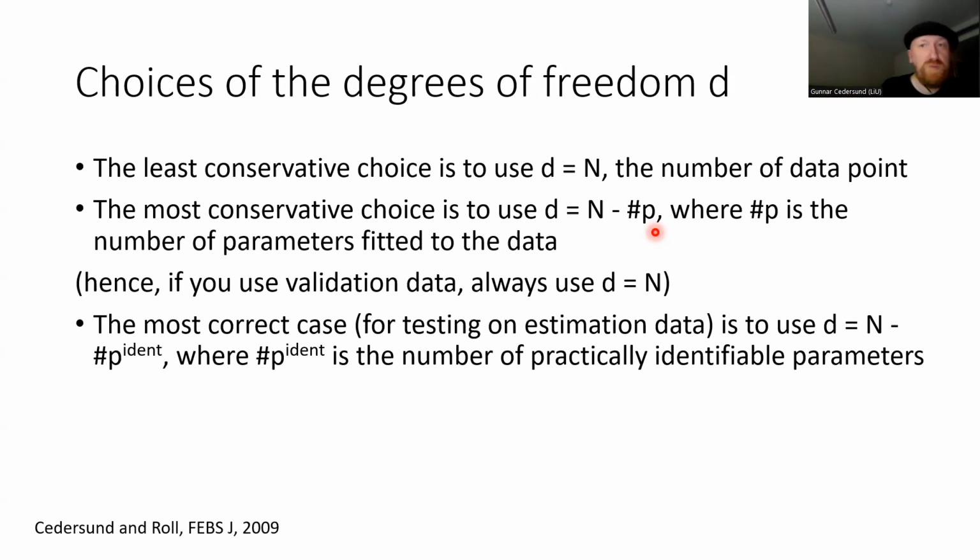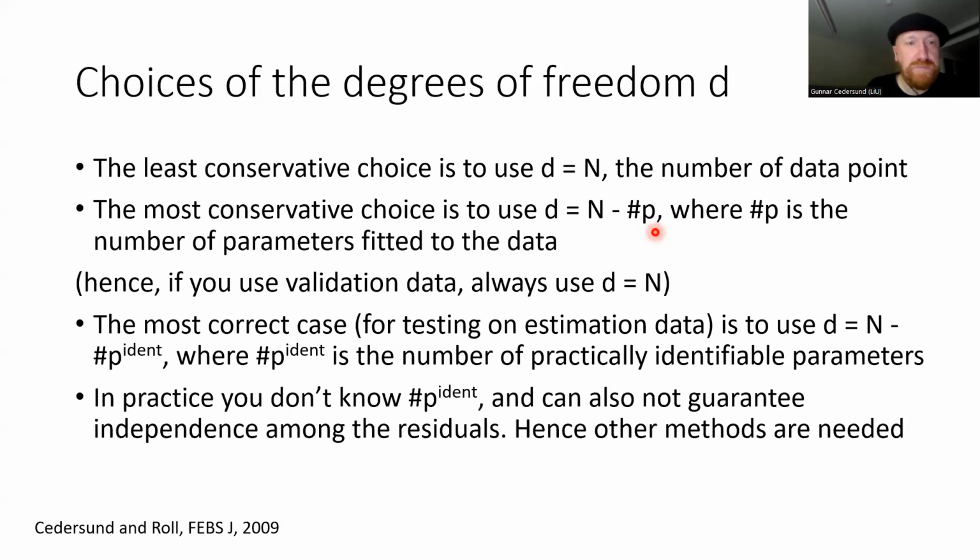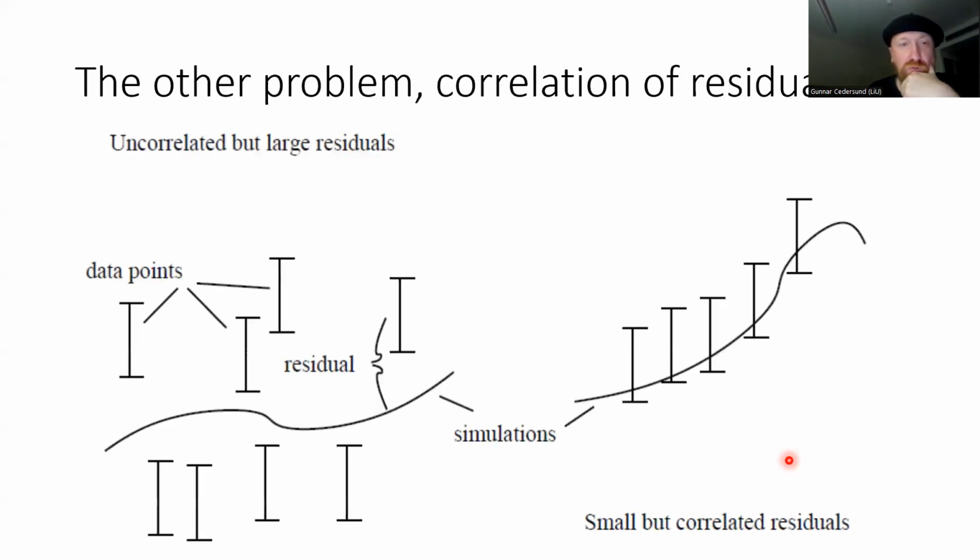So you shouldn't be too concerned with this ambiguity in the number of degrees of freedom, because you should never only rely on a statistical test. You should always bring your own judgment. But you have this ambiguity here, so this is why you might also want to use other approaches.